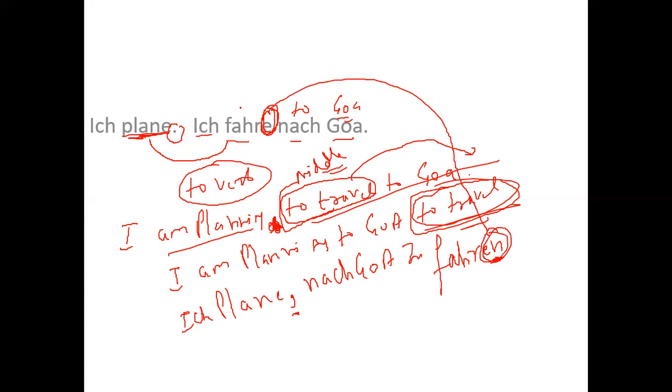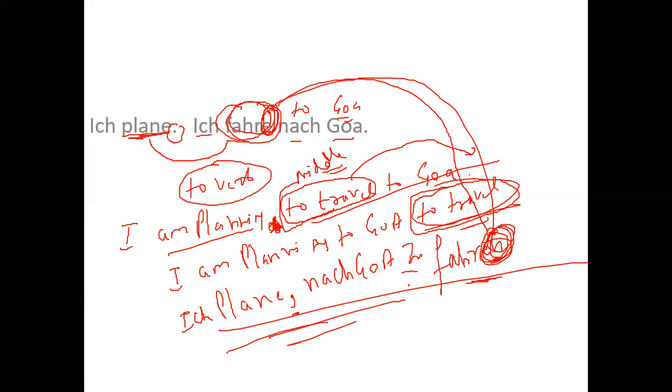The reason is here it is a conjugated form, but here I should write the infinitive form, zu plus infinitive form. So ich plane nach Goa zu fahren. Have I deleted anything from the second sentence? I have deleted ich. See, in question 2 I have written I am planning, I am traveling to Goa. But if I'm framing one sentence, I am deleting this ich part.